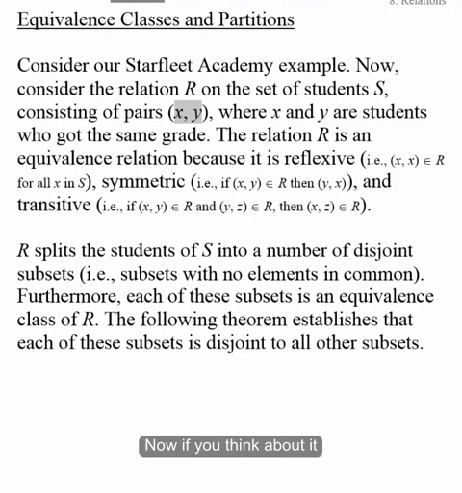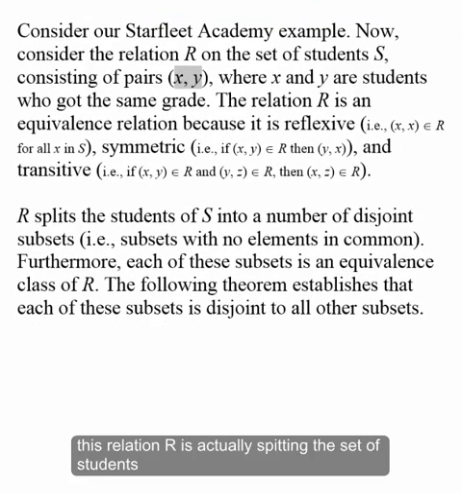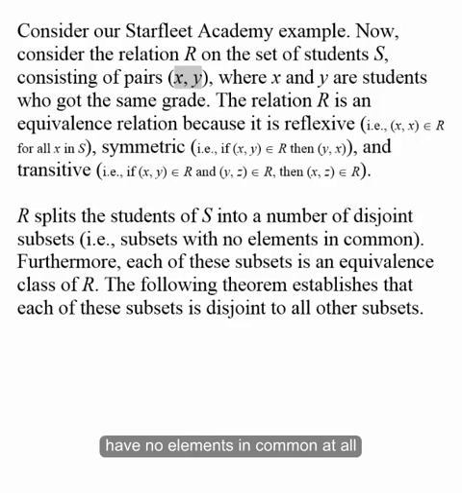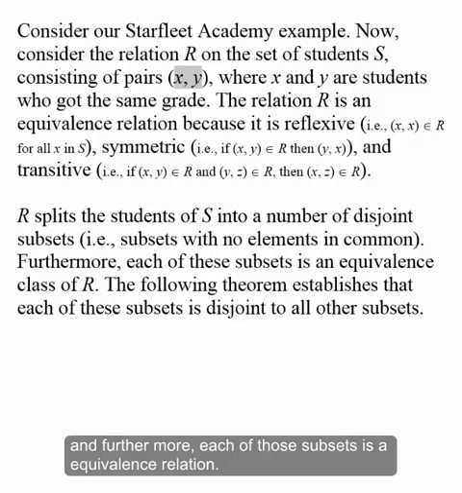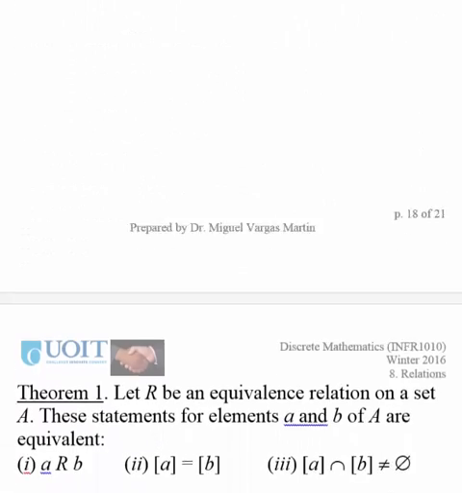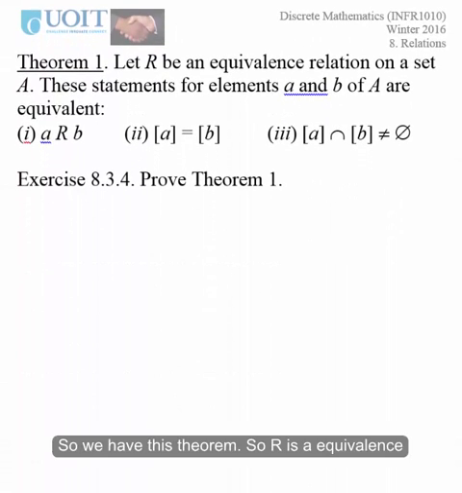Now, if you think about it, this relation R is actually splitting the set of students into a number of disjoint subsets. That means that these subsets have no elements in common at all. Furthermore, each of those subsets is an equivalence class of R. So we have this theorem.